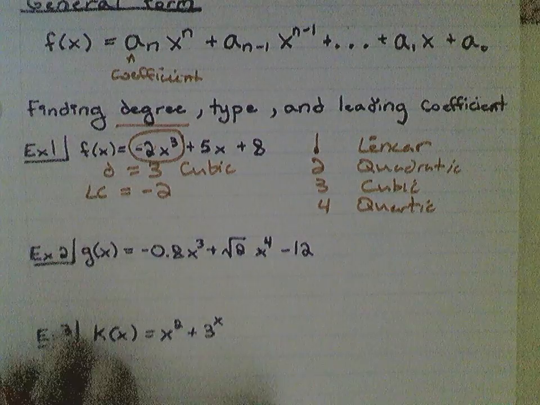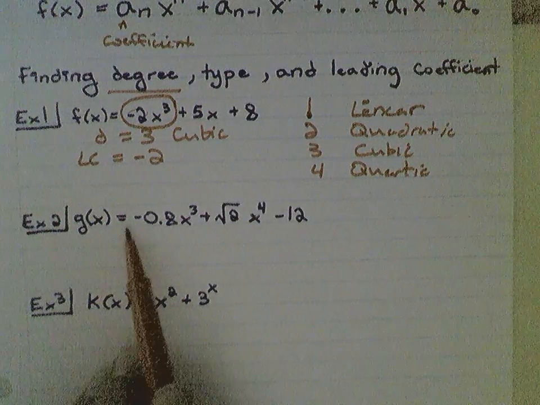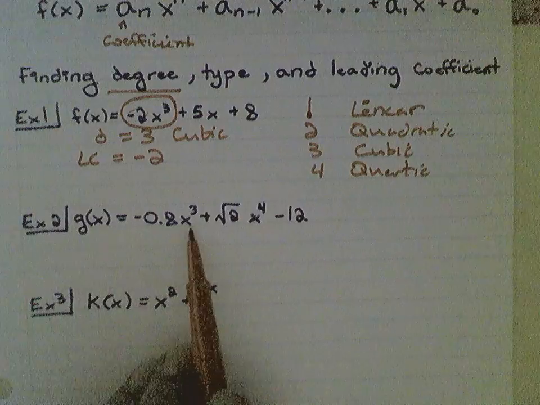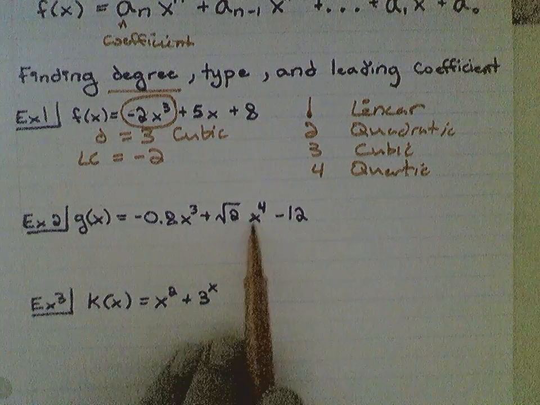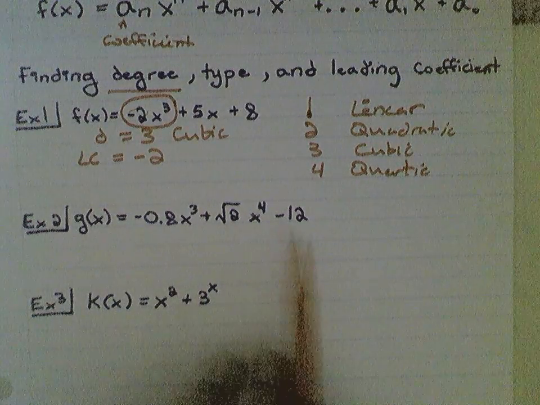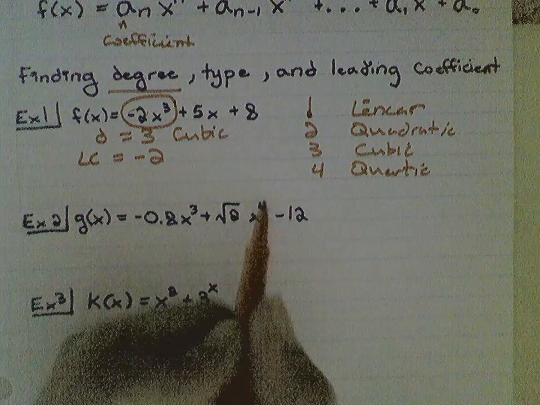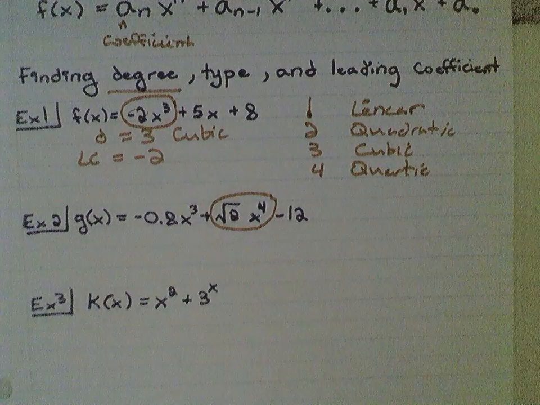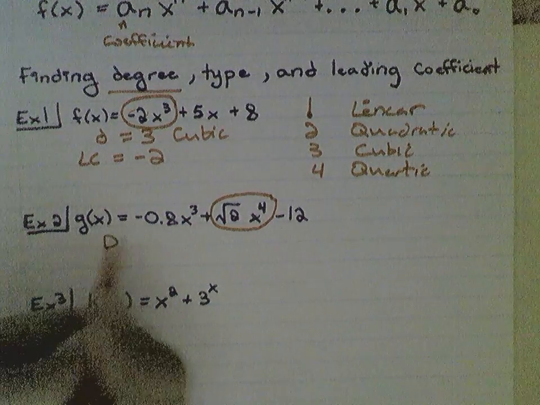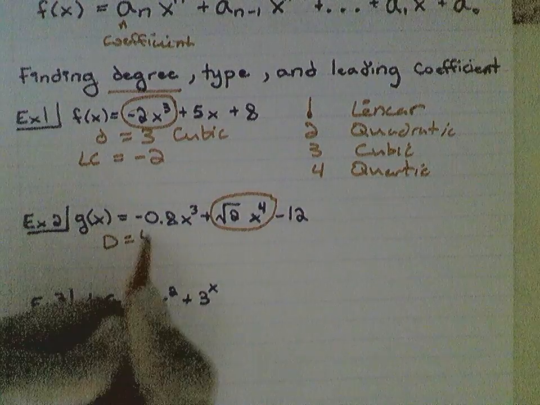Alright, looking at the second example, I have g of x equals -0.8 x to the third plus radical 2 x to the fourth minus 12. Notice that this polynomial is not in standard form, and the biggest degree is the middle term. My degree is still the greatest exponent, so in this case it's degree 4.